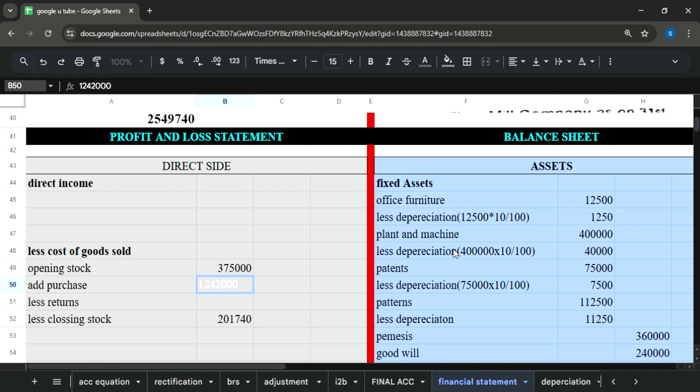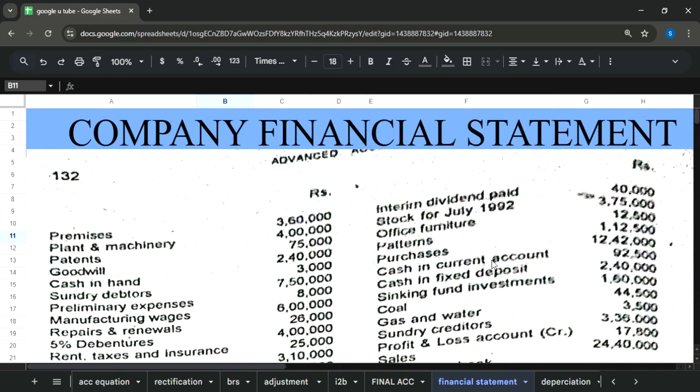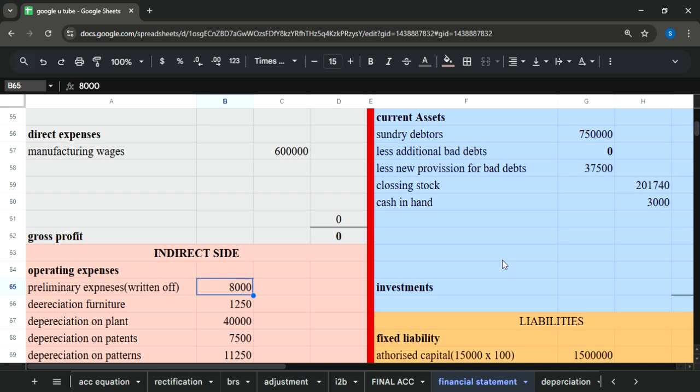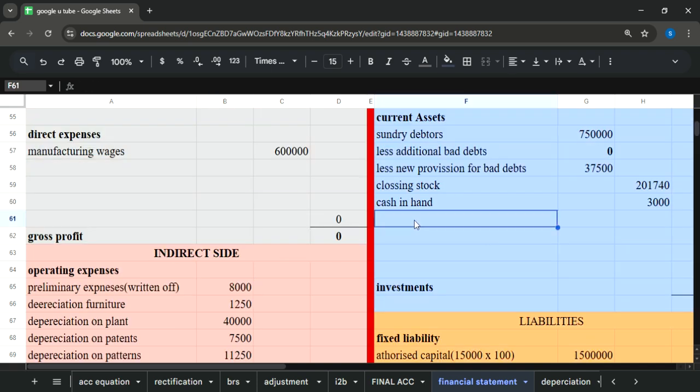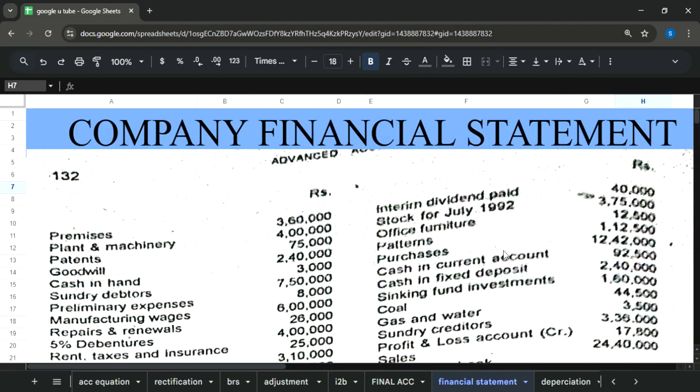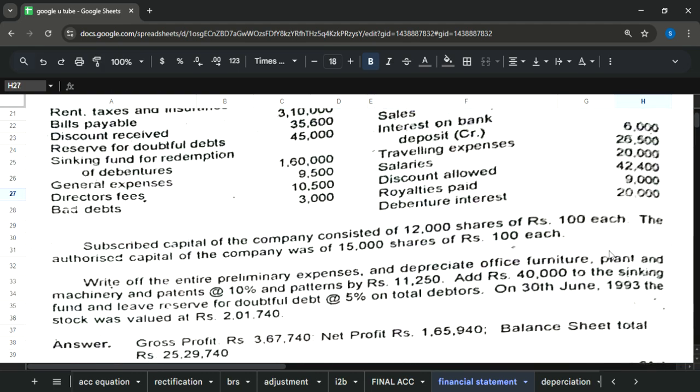Purchases are written at their place. Cash in current account, your current asset. So cash in current account. Amount of cash is 92,500.